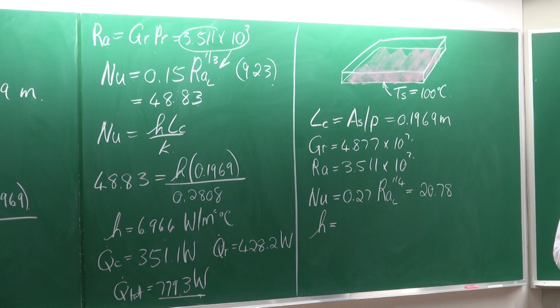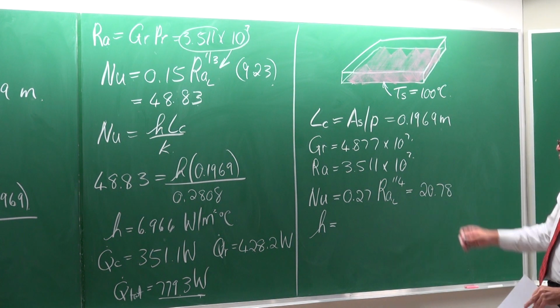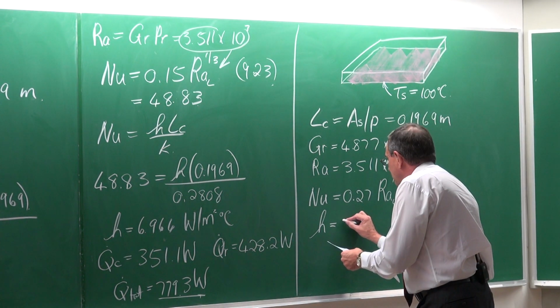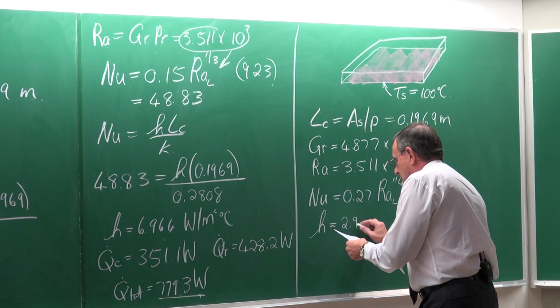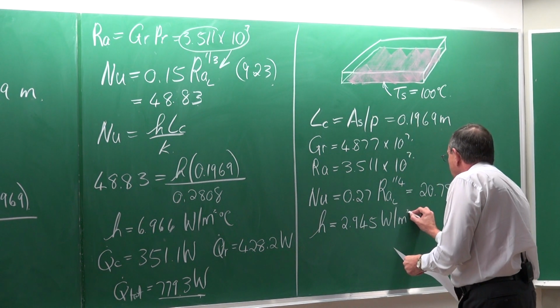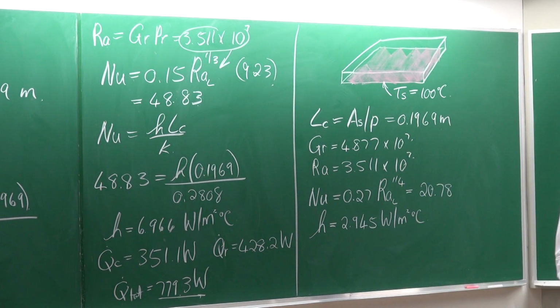The Nusselt number is equal to the heat transfer coefficient multiplied by the characteristic length divided by the thermal conductivity, which gives us a heat transfer coefficient of only 2.945 watts per square meter degree Celsius. So it's the lowest of the three.